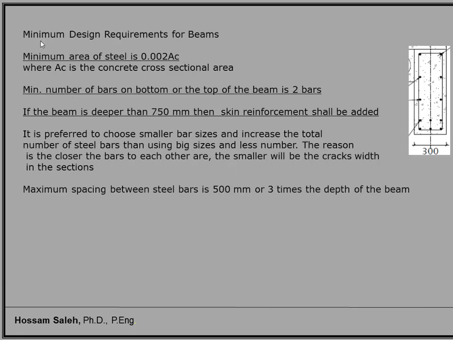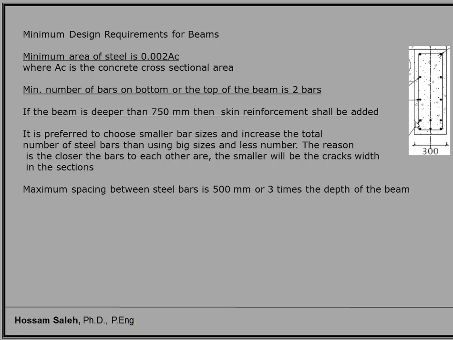Now there are different requirements in the code, which are the minimum design requirements for beams. The first one is the minimum area of steel is 0.002 times the gross area. What does it mean? It means that I have to add steel reinforcement, for example, in this area, to resist the bending moment.